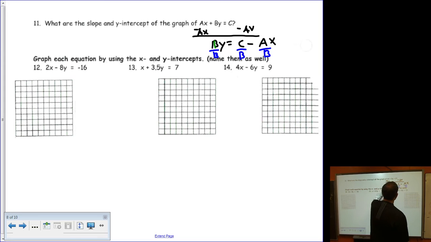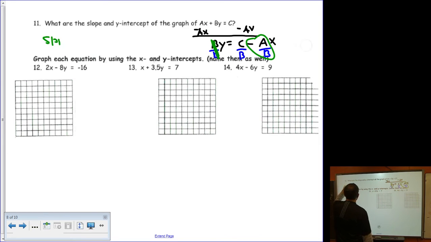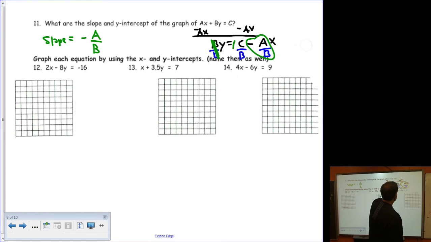And here is my slope. So my slope is negative a over b. And here is my y-intercept. That would be c over b.